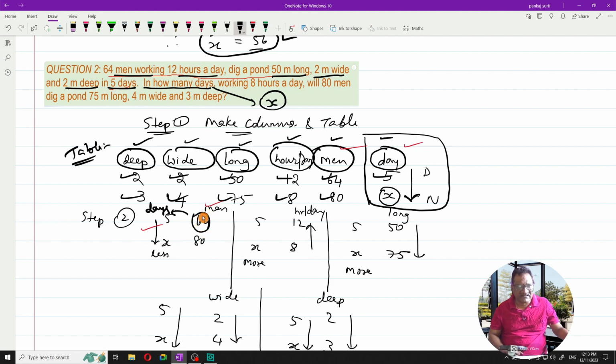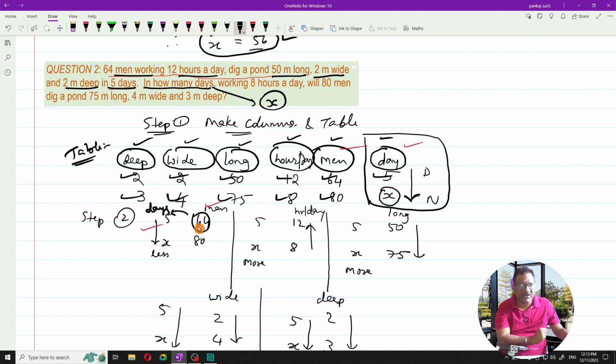Getting it? 64 men are working for 5 days and they are doing some sort of work. Some work is fixed, like painting a room. In this case, it is digging that particular hole.